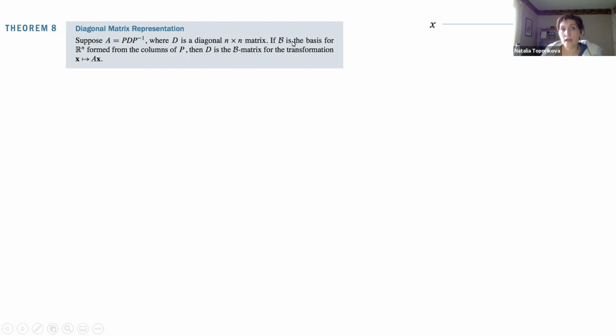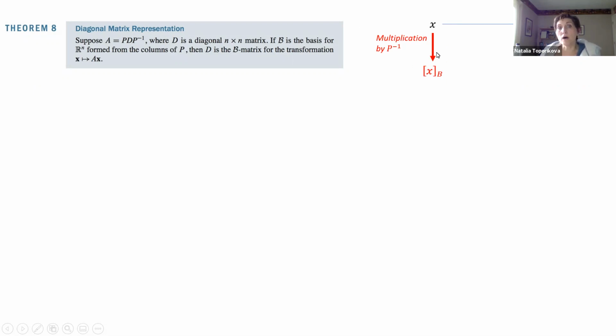Especially if we have a basis for R^n formed by the columns of our matrix P, then our diagonal matrix D is the B matrix for our transformation. I know it's a mouthful, so I'd like to write it down as a simplified process. We take our vector x and write it using some basis of R^n.